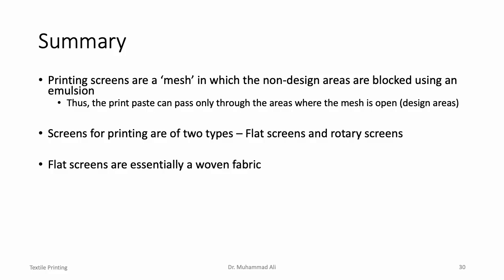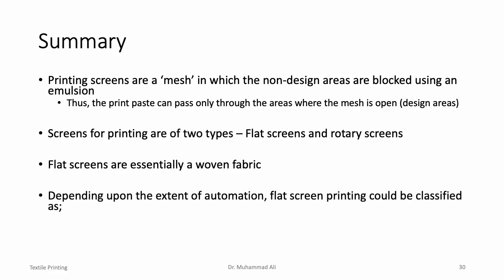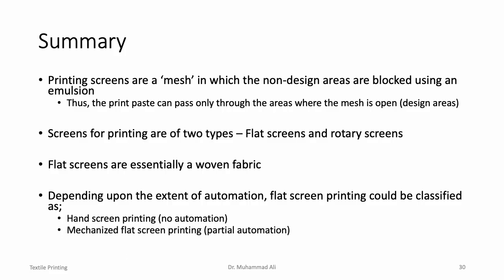Flat screens are essentially a woven fabric, and depending upon the extent of automation, flat screen printing could be classified as hand screen printing or manual screen printing. This process has virtually no automation in it, and all the printing steps are carried out by hand. The second type of flat screen printing process is what is known as mechanized flat screen printing, also known as semi-automatic flat screen printing.